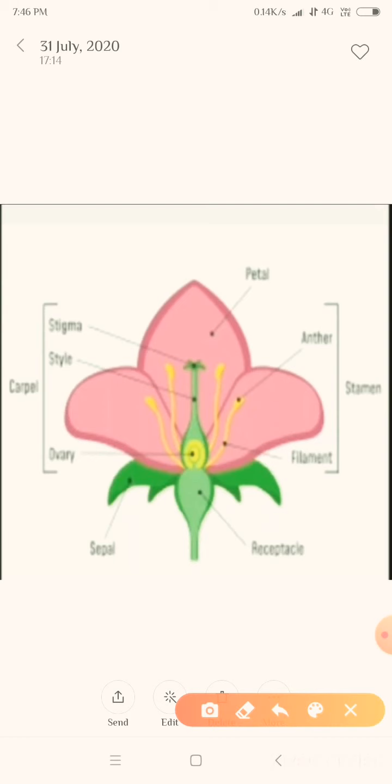Each carpel consists of stigma, style and ovary. Here you can see the carpel consists of stigma, style and ovary.